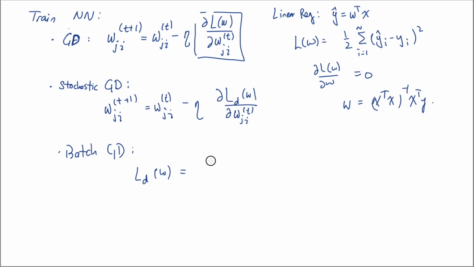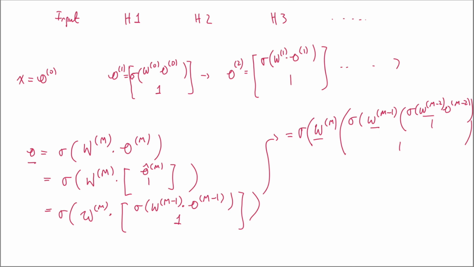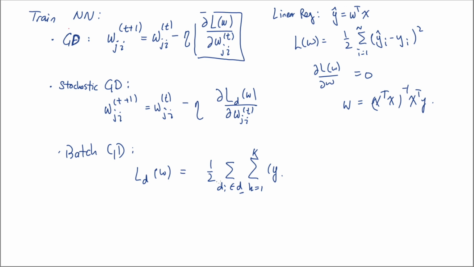It just means that we compute the loss function over a set of data points D, where D is a set of points which is smaller than the entire data set. So batch means just a batch of data points. So here it's like 3 data points.